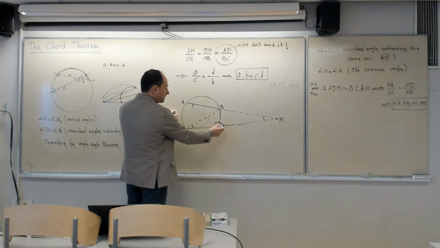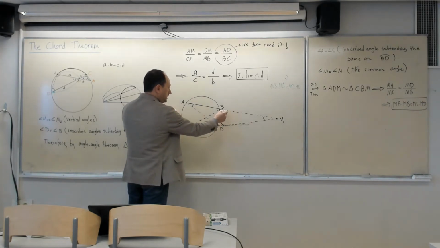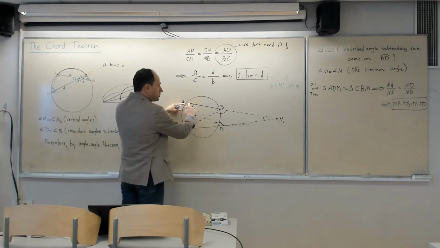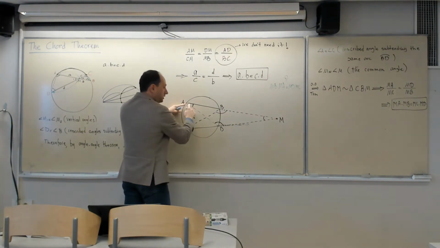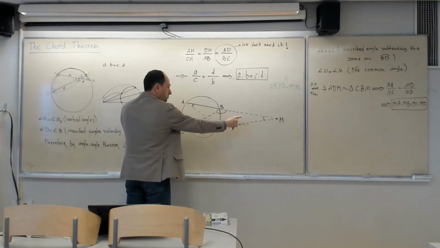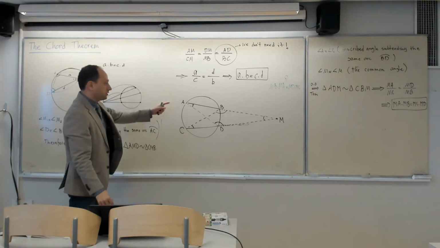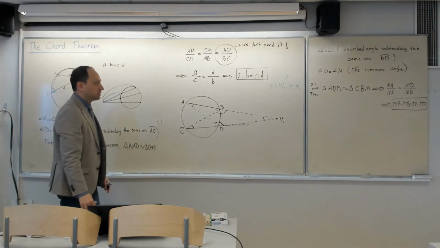This angle from this triangle is definitely equal to this angle from the bigger one. When I have chosen MA from this one, it is opposite to this D, and D is equal to B. Opposite to B is MC. So if I have chosen MA from the first one, I have to choose MC from the second one.